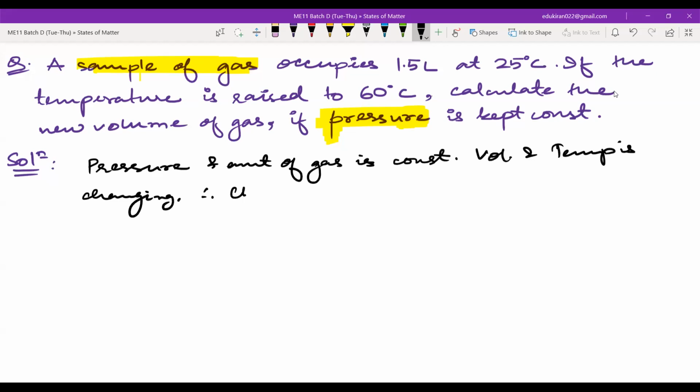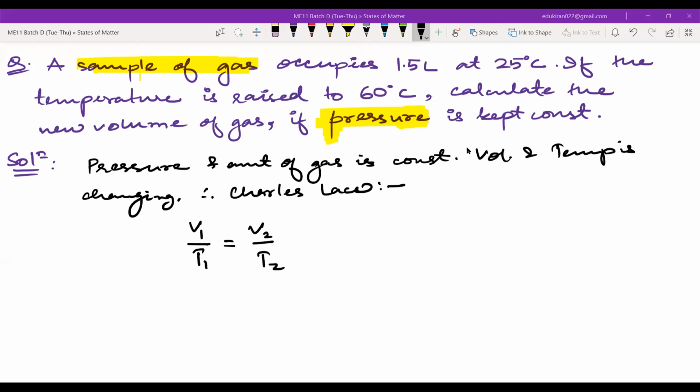Therefore, which law will be applied? Charles law will be applied. According to Charles law, what do we have? V1 upon T1 is equal to V2 upon T2.